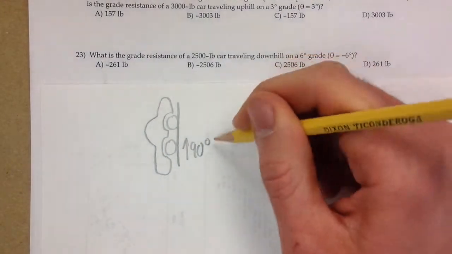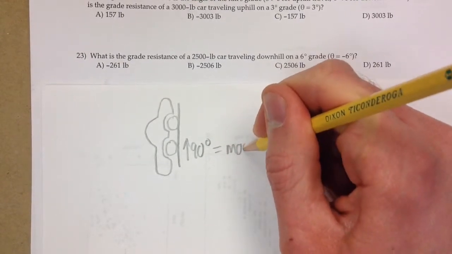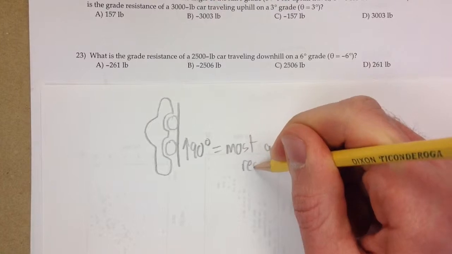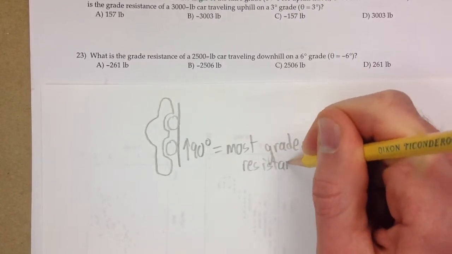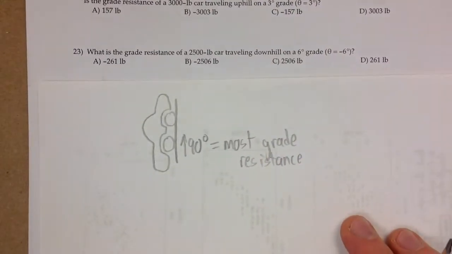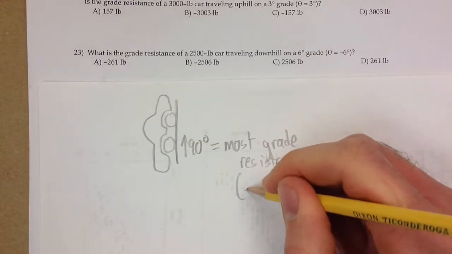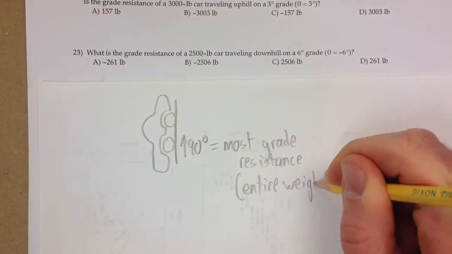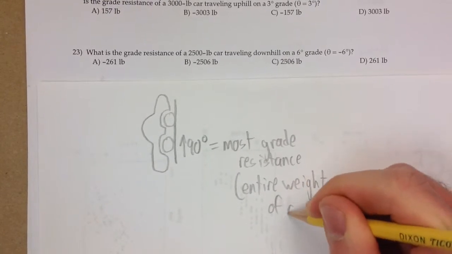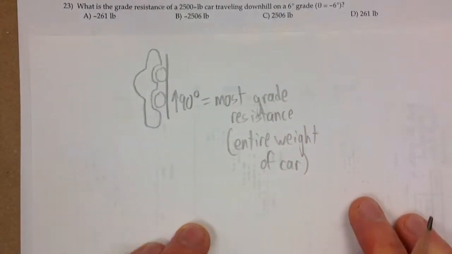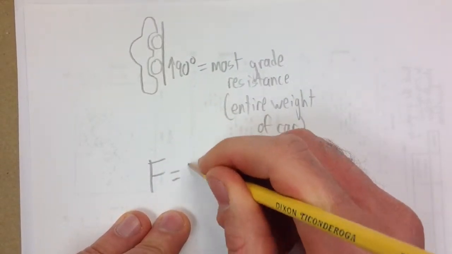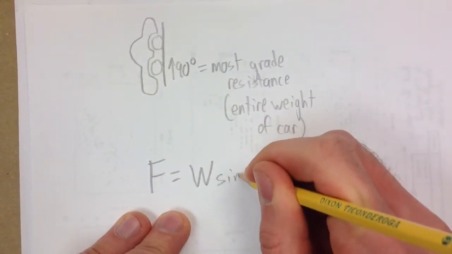90 degrees equals the most grade resistance that you would feel. And it actually would be the entire weight of the car. And if you look at the formula for grade resistance, it's F equals W sine theta.